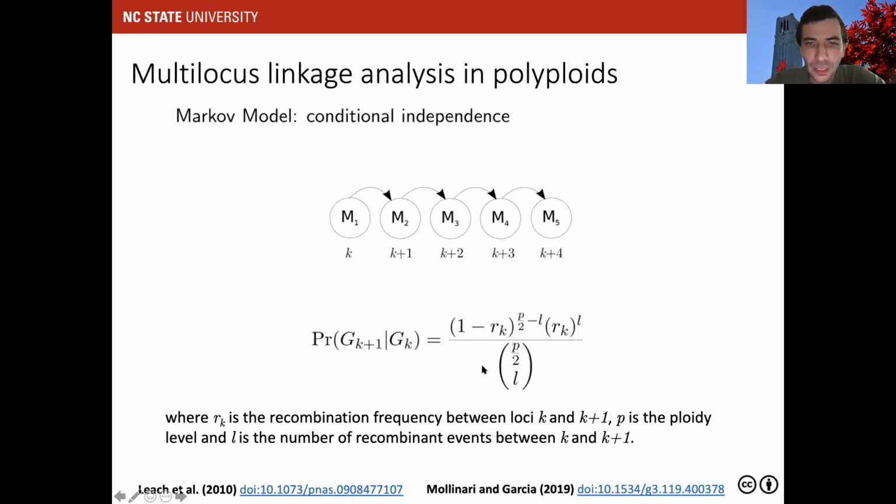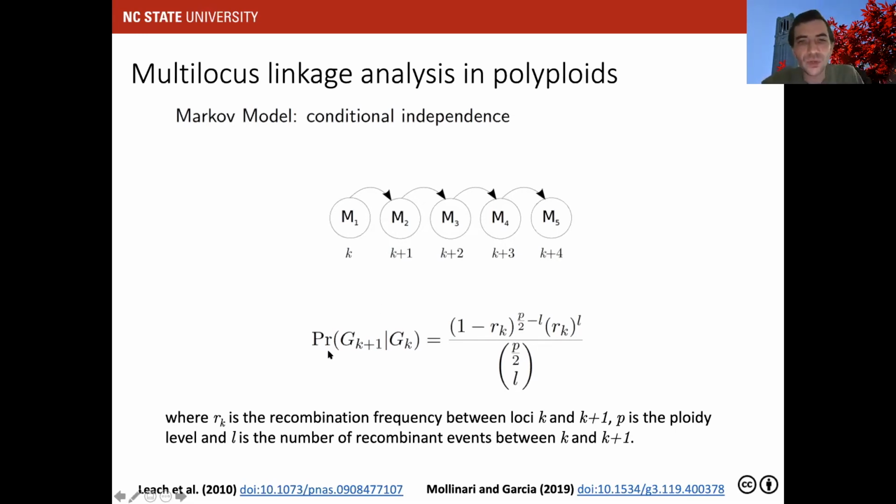I will try to explain here, but the most important thing is to understand that instead of using 2 markers, we are using multiple markers to obtain the recombination frequencies and the likelihood associated to that particular phase configuration, right?